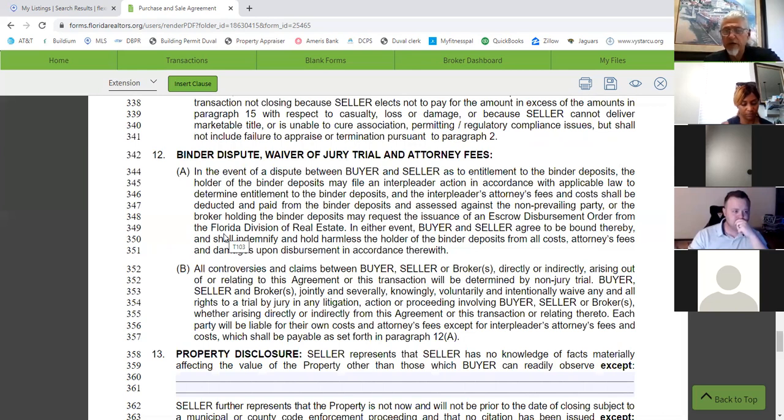But if you'll notice down here, it says escrow disbursement order from the Florida Division of Real Estate in either event. I don't think it's the Florida Division of Real Estate. It's the Florida Real Estate Commission that does an EDO. Okay, so it's FREC.